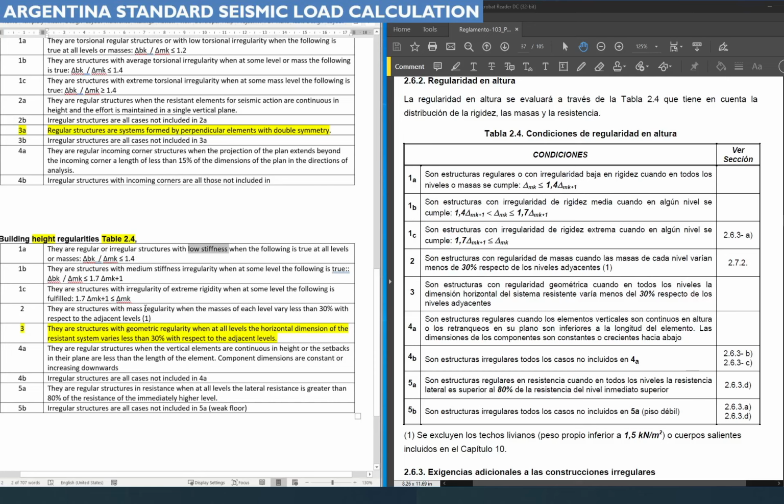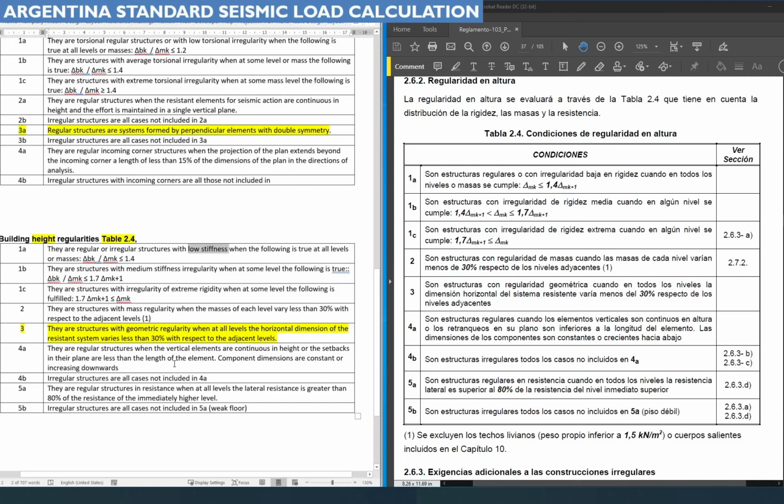For condition 2, there are structures with mass regularity when the masses of each level vary less than 30% with respect to the adjacent levels. For our calculation purpose, I am considering the third case, where the geometry regularity is such that all the horizontal dimensions of the resistant systems vary less than 30% with respect to the adjacent levels.